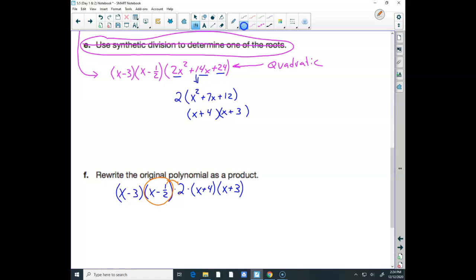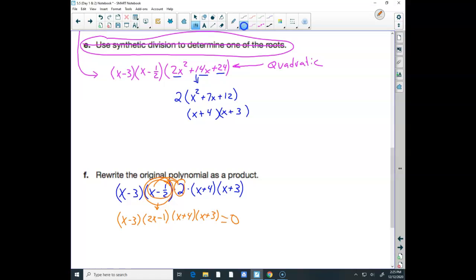If I distributed the 2, I can multiply 2 to any one of these factors, but I would probably like it there because then I'm going to have an x minus 3 times 2 times x is 2x minus 2 times negative 1/2 is 1. Check it out. Remember when I said that negative half looks like that factor? It absorbed that 2, and I get an x plus 4 and an x plus 3, and I have completely rewritten the original polynomial as a product.